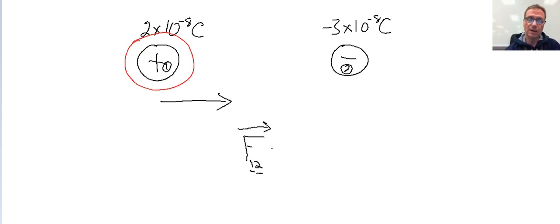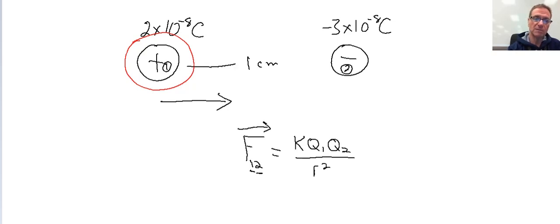So I know my direction is to the right, and now I can calculate the electric force on the positive charge. The equation we have is K times Q1 times Q2 divided by the distance between them squared. I haven't said what the distance is, so we're going to call that 1 centimeter between the two charges. Now we can plug in the values.